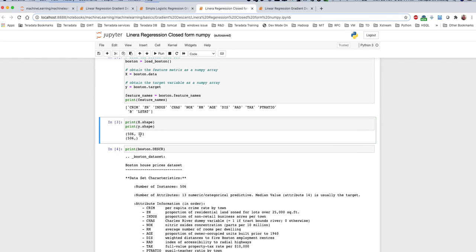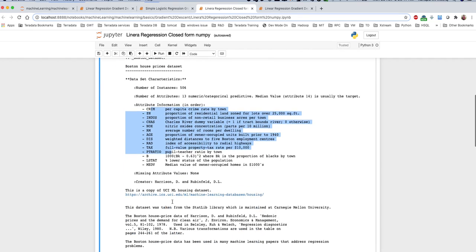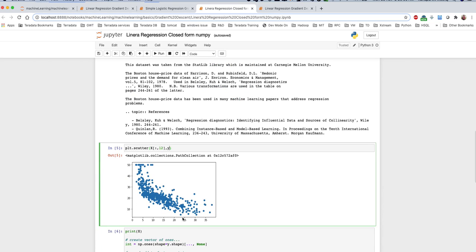You can see there are 13 dimensions and 506 rows, and this is the description for those dimensions. Since it's difficult to plot a graph for 13 dimensions with respect to output, I'm just taking one column, the 13th, last column of the x input, and plotting it with the y like this.